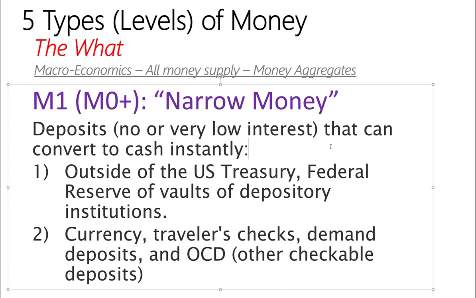But number one, outside of the U.S. Treasury and outside of the Federal Reserve are vaults of depository institutions that will keep hordes of physical cash. Although they are physical cash, they're not really liquid, and they're really meant as reserves and for different parts of the economy. So while the number one factor with these aggregates is liquidity, part of it also comes down to what section of the economy.